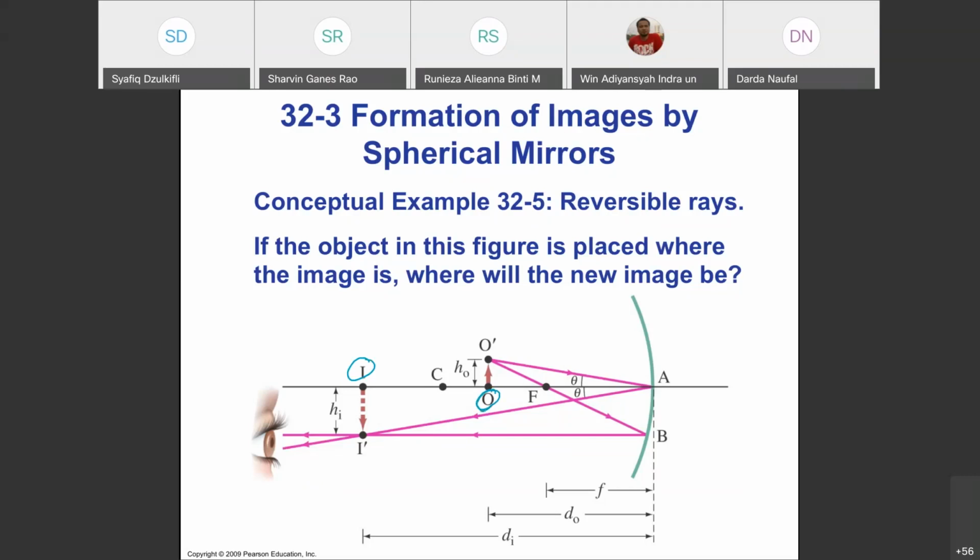That's the question. Since the equation and physical setup are symmetric between the image and the object, the new image will be where the old object was. So the new image will be in here, right?